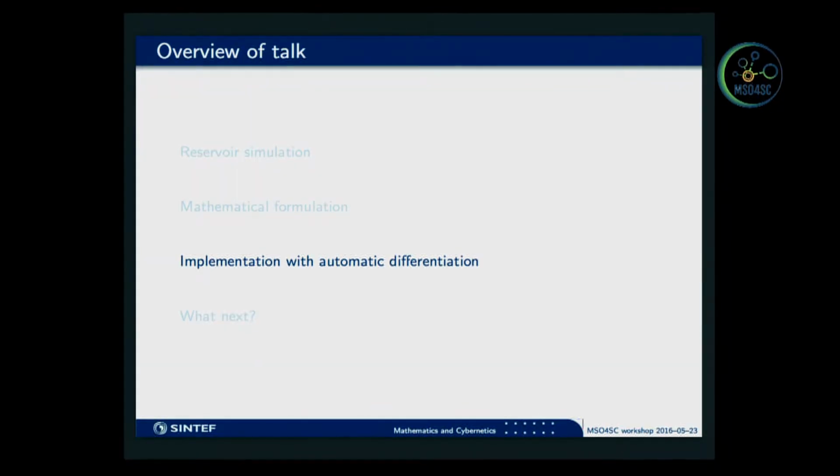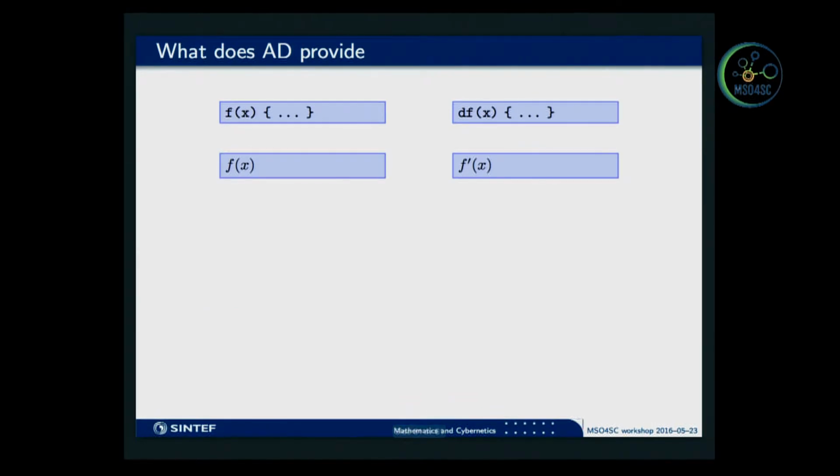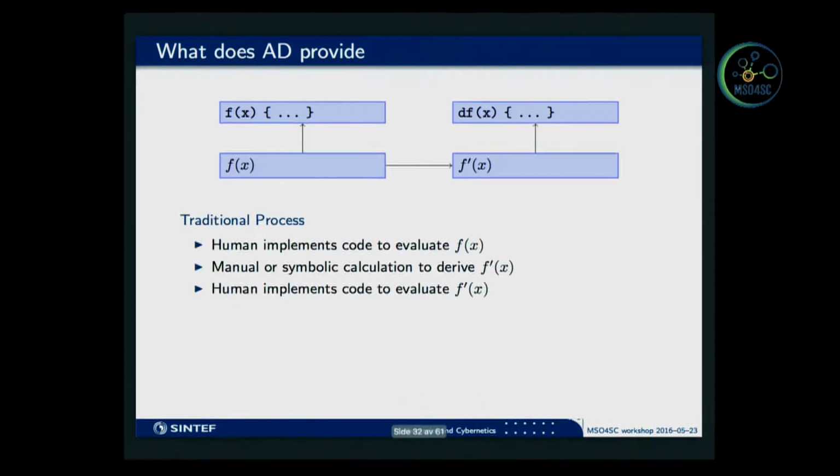I'll see, how much time do I have for this part? Not much at all. So, what does automatic differentiation provide? The traditional process is that a human needs to implement the residual function, and then the Jacobian.